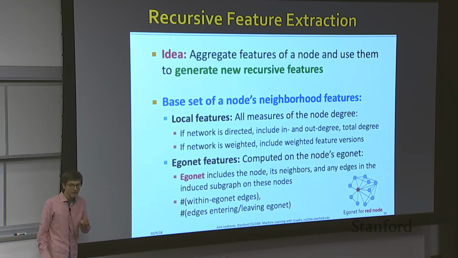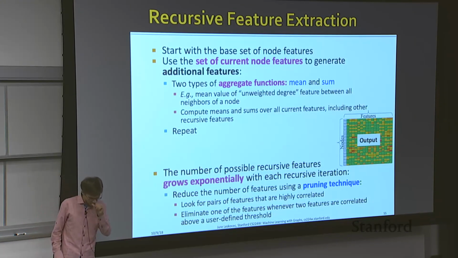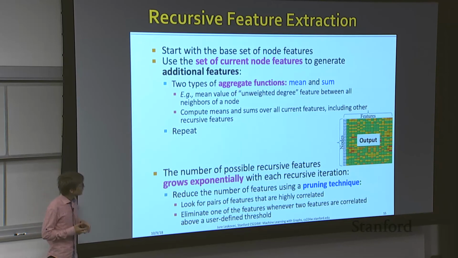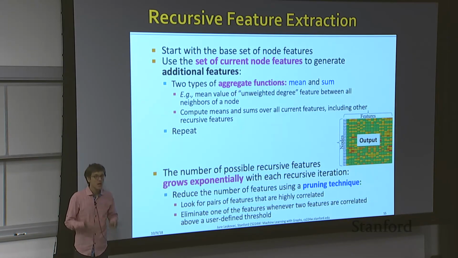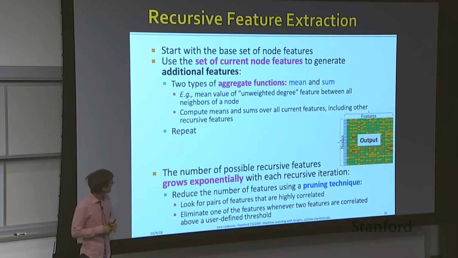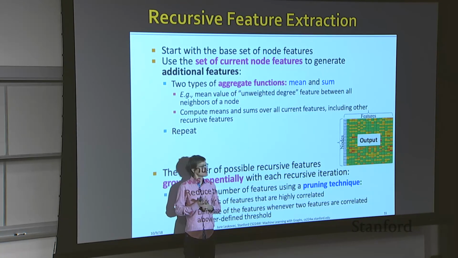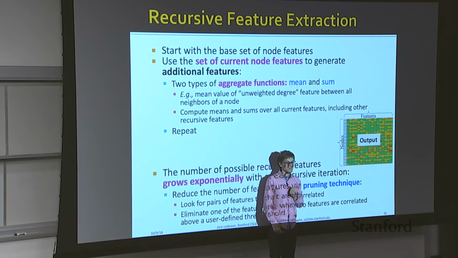Now I will do this recursive feature extraction. The way the recursive part works is that we start with a base set of features and then use the set of current node features to generate additional node features. These additional node features are generated by using different aggregation functions. In particular, I will use the mean and the sum aggregator functions.